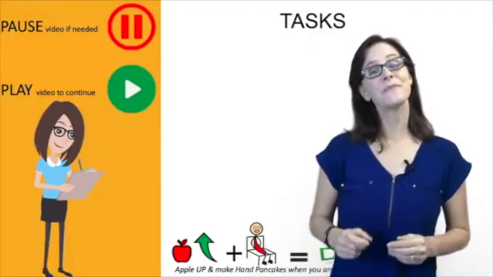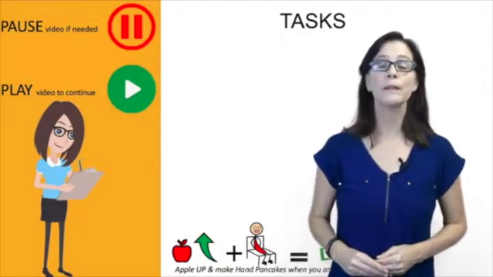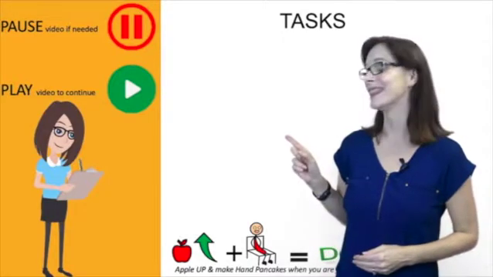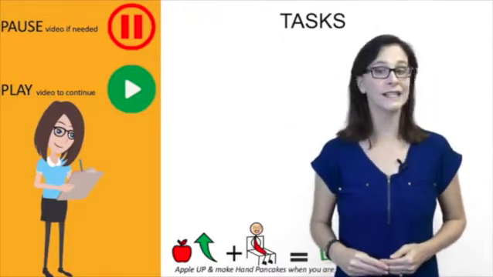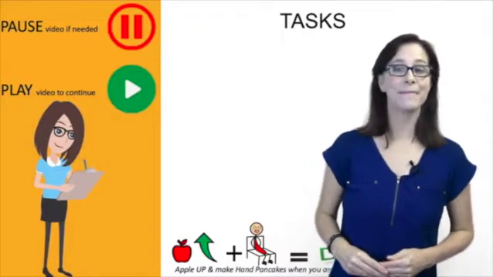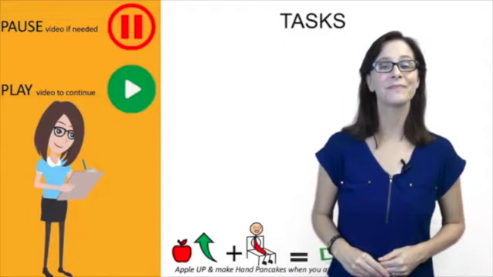So that you stay with me and everybody learning today, this video will need to be paused when you see this screen. This will give you time to work on your lesson, apple up, and make hand pancakes to show you are ready to move on.